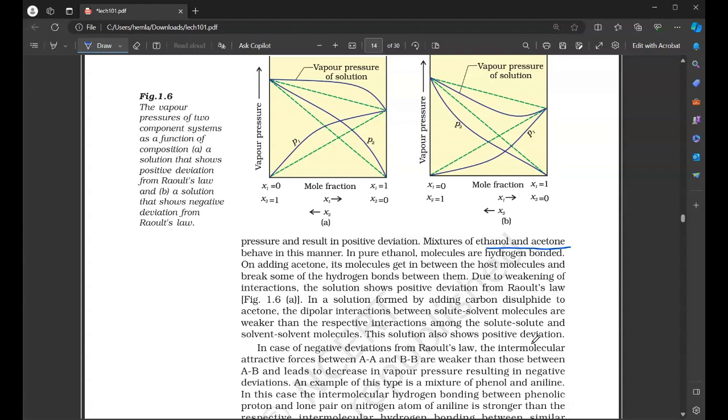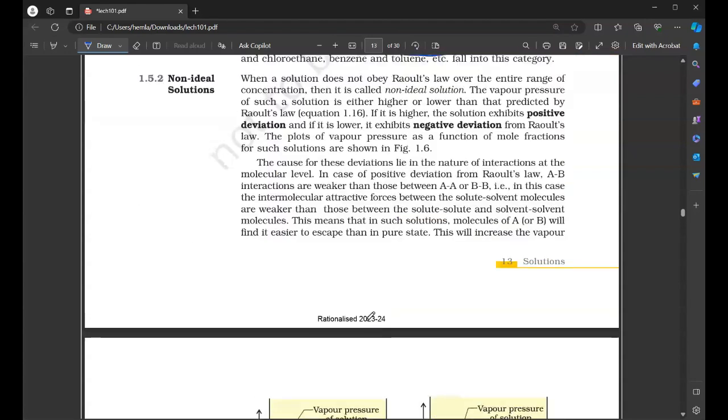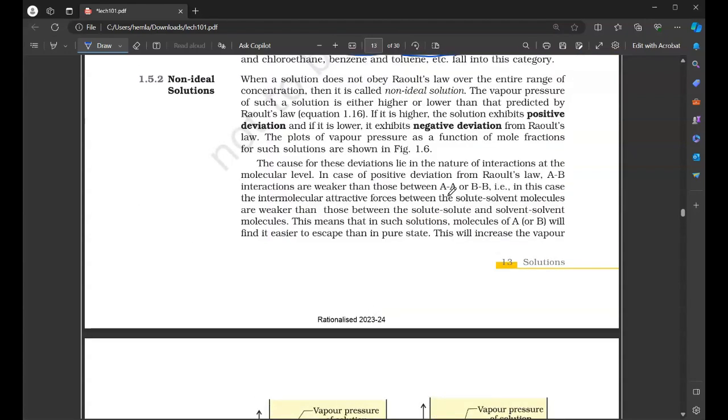So the main thing is that positive deviation happens when the A-B interactions are weaker than those of A-A and B-B.